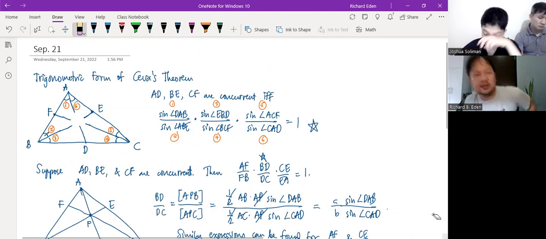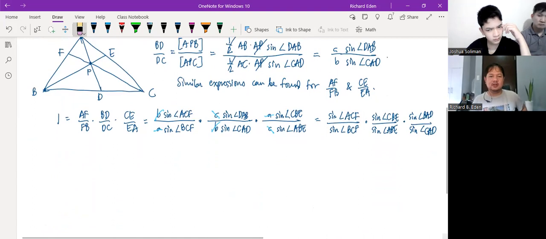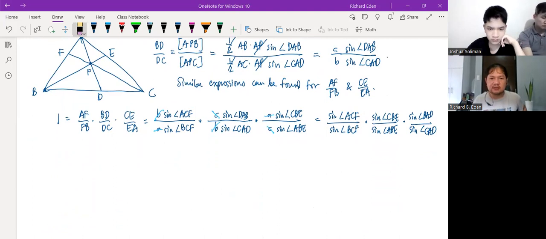Okay. So let us prove this now on this particular problem. So I don't have to draw again. Let me snip a picture from GeoGebra.